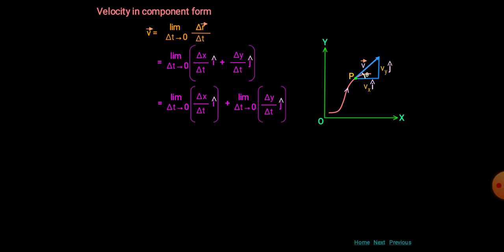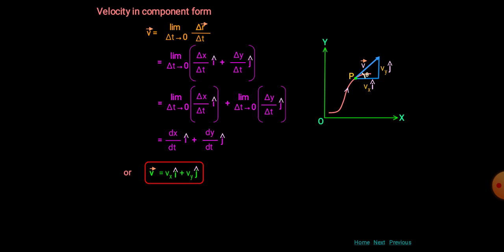We can write limit delta t tends to 0 delta x upon delta t i cap plus limit delta t tends to 0 delta y upon delta t j cap. Here this we can write dx upon dt i cap plus dy upon dt j cap. You already know dx upon dt is nothing but what? Velocity vx, and dy upon dt is vy.